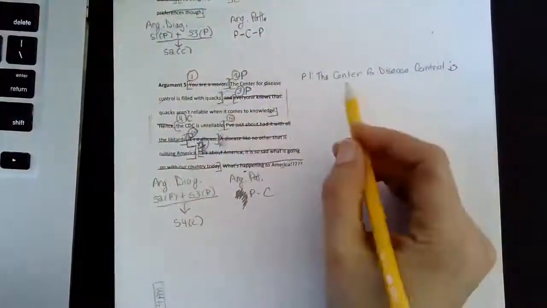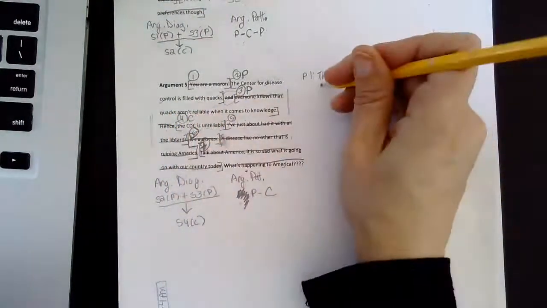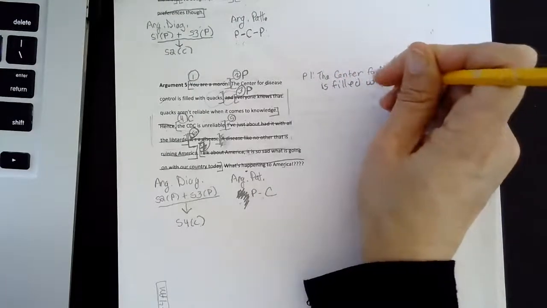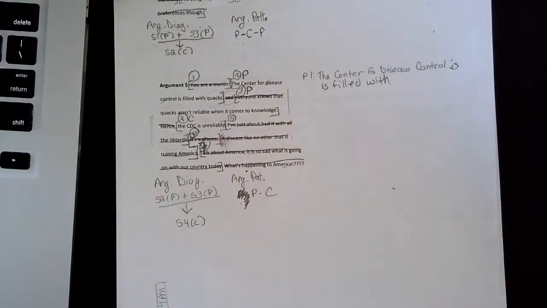So here we have the Center for Disease Control is filled with quacks. Now we've got an example of something from one of our other pages of notes, and that's a rhetorical element. To say quacks is very colorful language, and when we're doing rational discourse, we want to take out colorful language like quacks, because that's meant to have more a psychological impact than a strictly logical one.